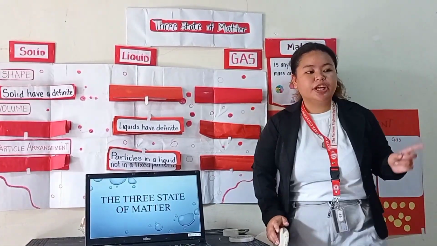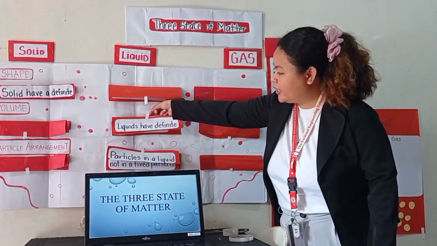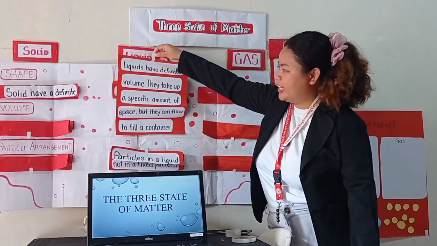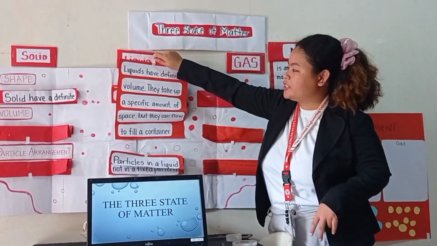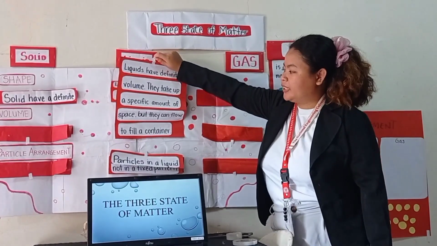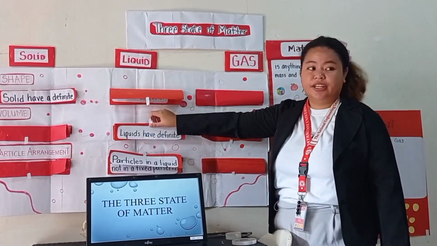Second is in terms of volume. Liquids have definite volume. They take up a specific amount of space, but they can flow to fill a container.